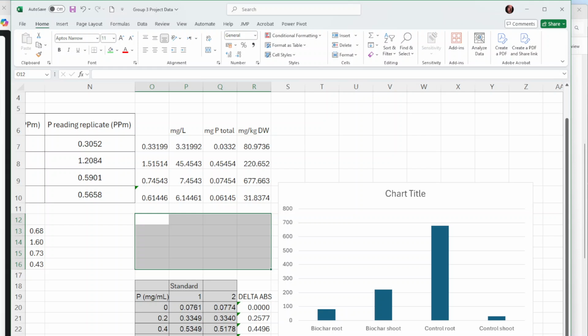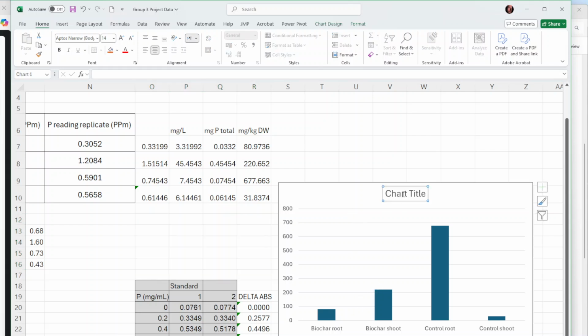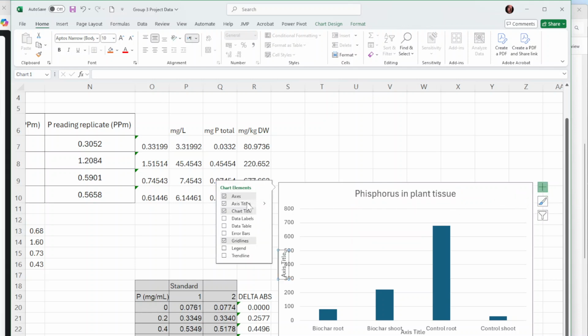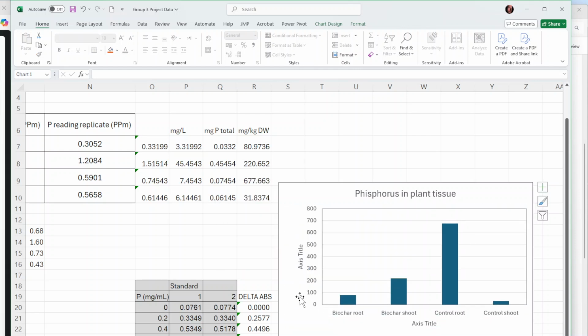No questions? All right, so after I finish here, I will upload the video in YouTube and put it on Moodle also, the calculation for the reports, and you can follow the same calculation and make graphics here. For this one here, which is the phosphorus, for example, you can just say phosphorus in plant tissue. And you can add here in the graphic also the axis titles.